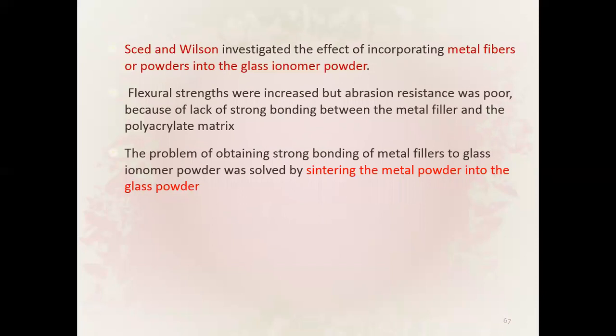McLean and Wilson investigated the effect of incorporating metal fibers or powders into the glass ionomer powder. Flexural strength was increased, but abrasion resistance was poor because of the lack of strong bonding between the metal filler and the polyacrylate matrix. The problem of obtaining strong bonding of metal fillers to the glass ionomer powder was solved by sintering the metal powder into the glass powder.